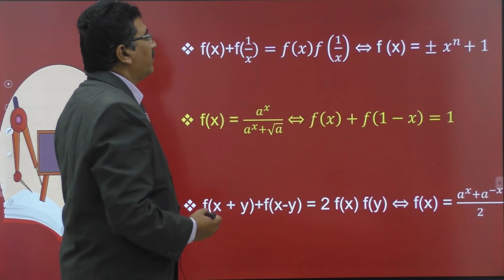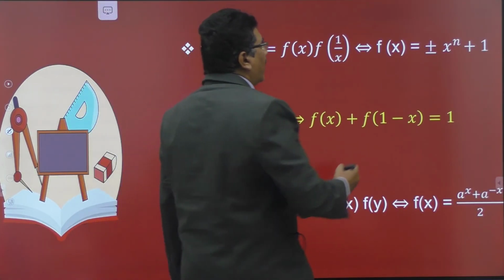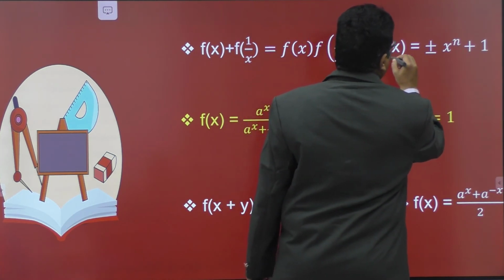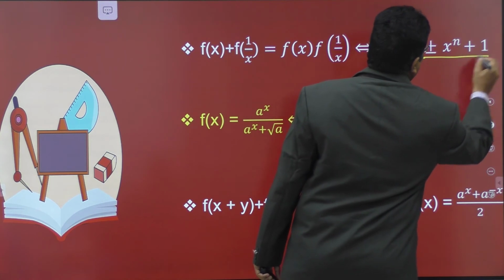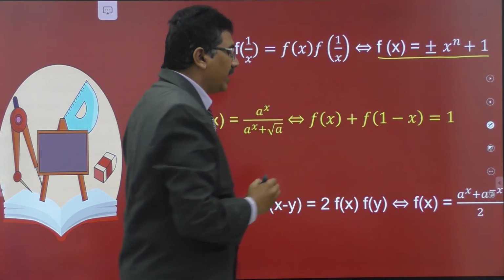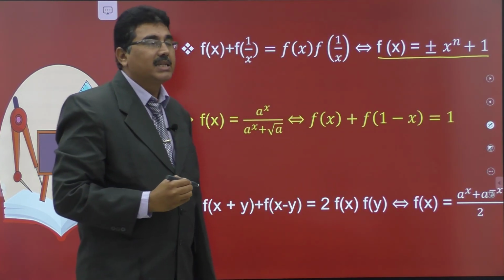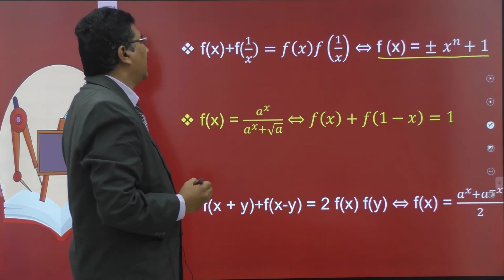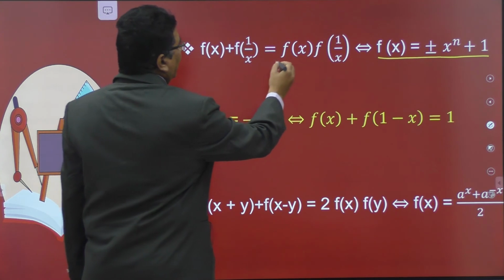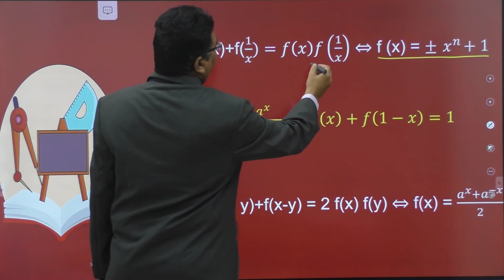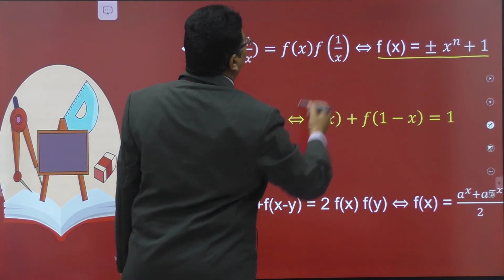Right? If f of x is of the form plus or minus x power n plus 1 plus or minus x power n plus 1, this is a function satisfying the equation f of x plus f of 1 by x is equal to f of x into f of 1 by x.